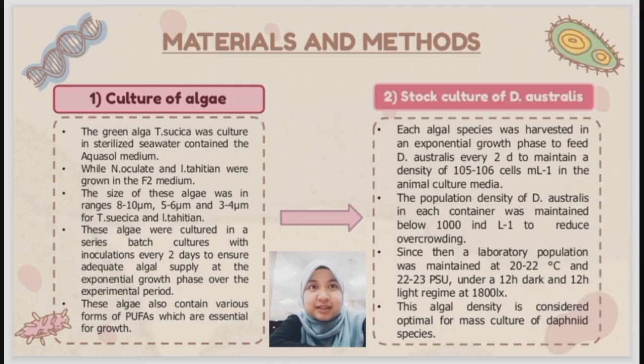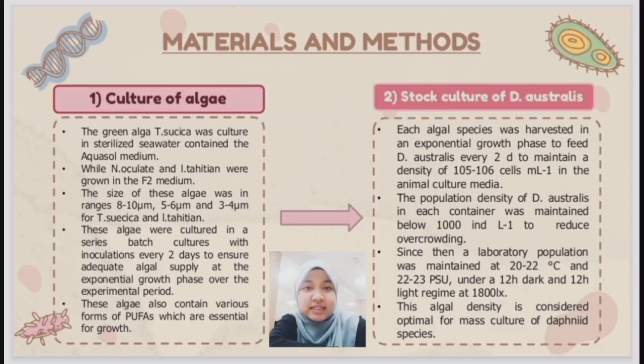These algae were cultured in serial batch cultures with inoculation every 2 days to ensure adequate algae supply at the exponential growth phase over the experimental period. These algae also contain various forms of PUFA, polyunsaturated fatty acids, which are essential for growth.